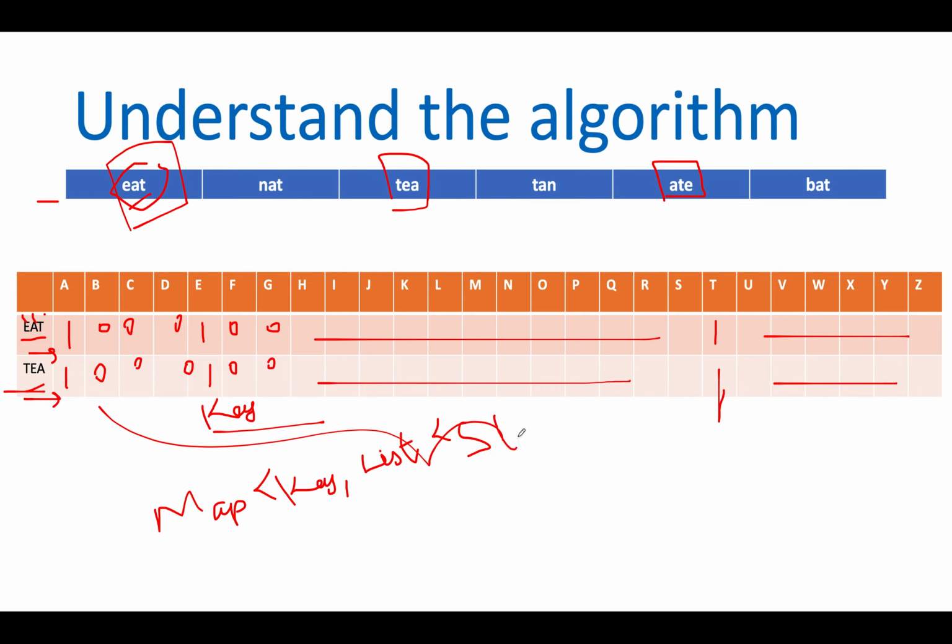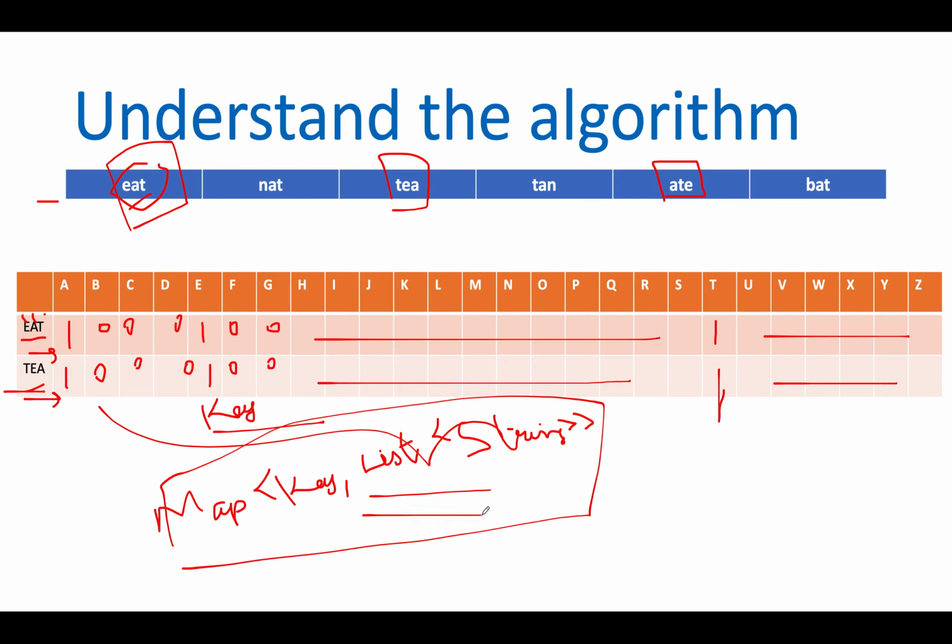That makes eat, tea, and ate lie in the same bucket, and you can return the values of this map as the answer. Let's move on to the coding part, and everything will be crystal clear there.